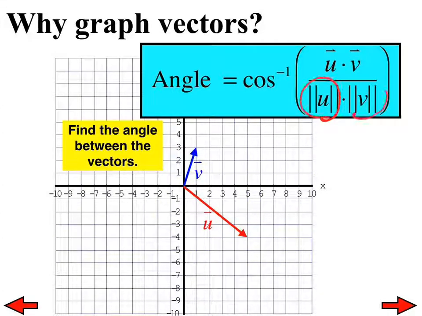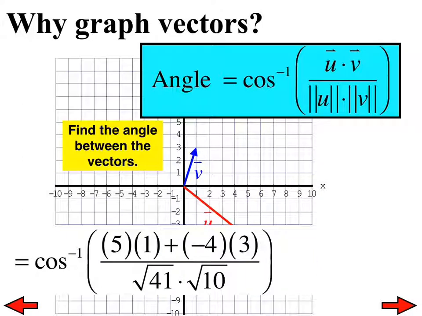We know today how to find the magnitude. In 2 days, we'll learn how to do this, which is called the dot product. And then in a later math course, you'll learn how to deal with inverse trig functions. But that's one reason why we have to learn how to graph vectors. And that's basically how you do it right there. By the way, the angle between those two vectors is 110.2 degrees.